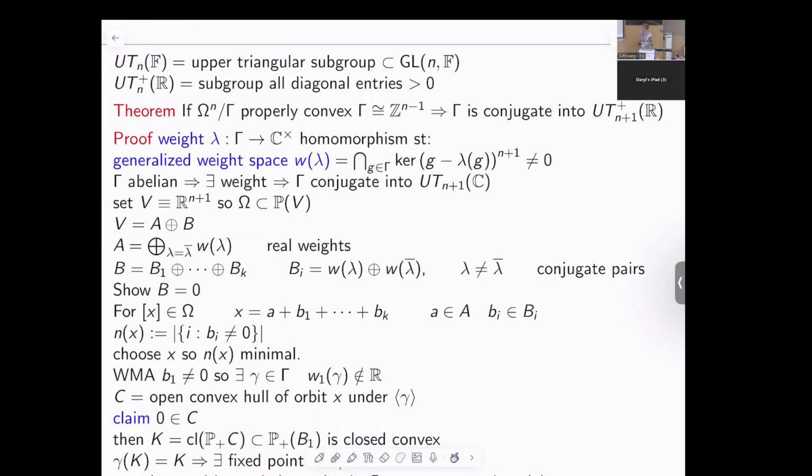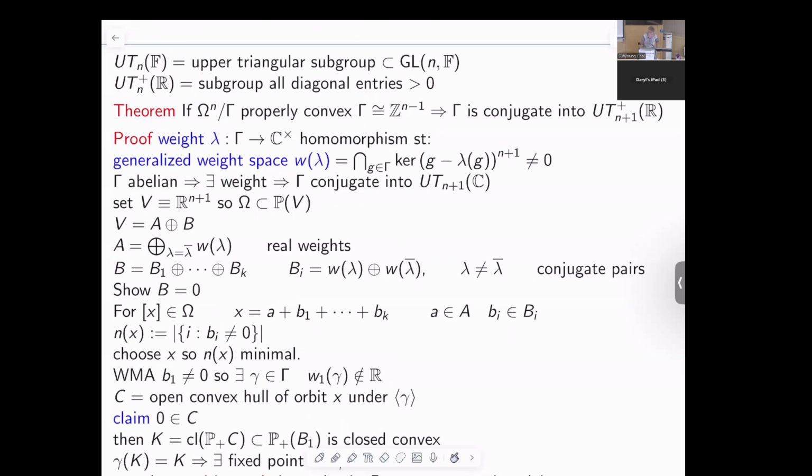And the key property that Gamma has is that it's actually conjugate into the group of upper triangular matrices with positive entries on the diagonal. So this is the identity component of the Borel subgroup, the upper triangular group with positive entries on the diagonal. This is a key fact used in the classification of generalized cusps, that these discrete groups are actually lattices in a certain kind of connected Lie group.